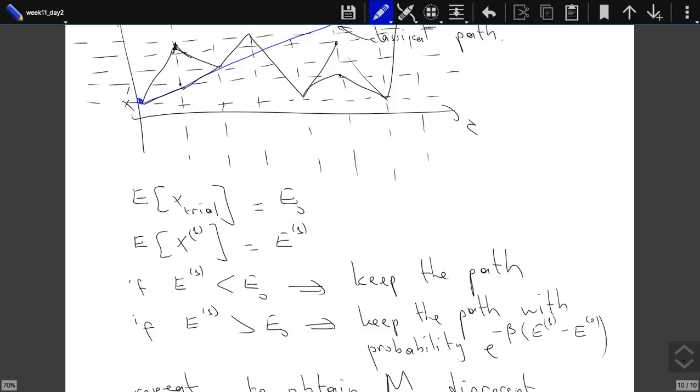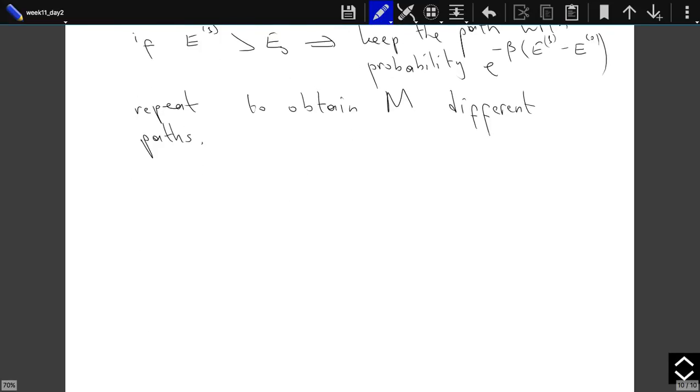If it is increasing the energy, then you are ignoring it and taking it with a given probability. So you are making your collection of paths. Then let's say you want to calculate the energy of the ground state.